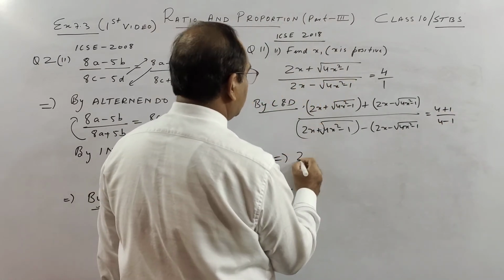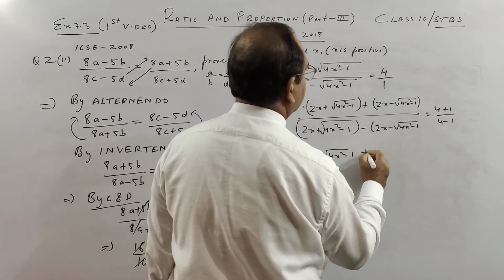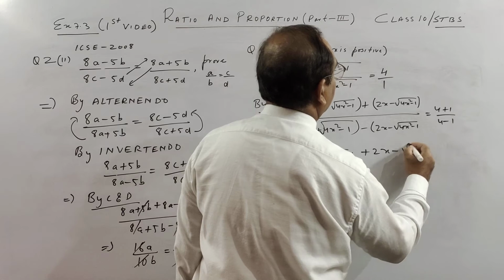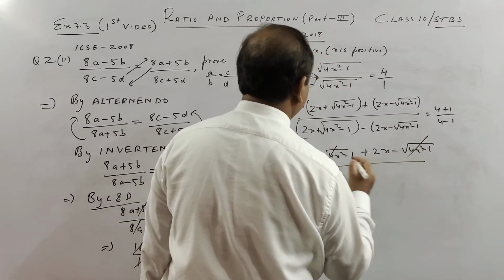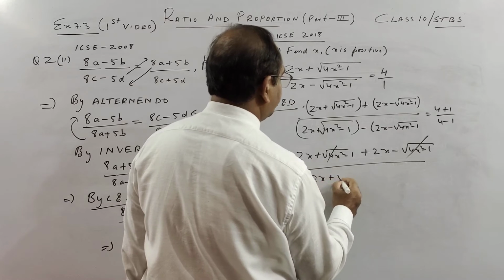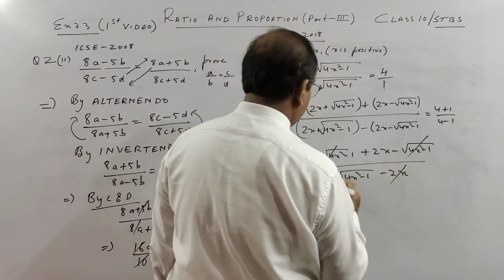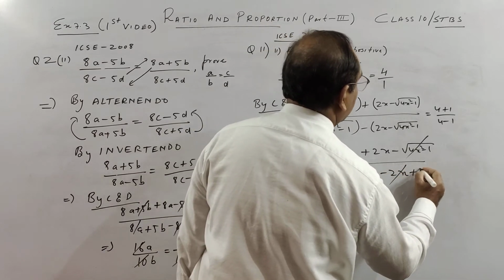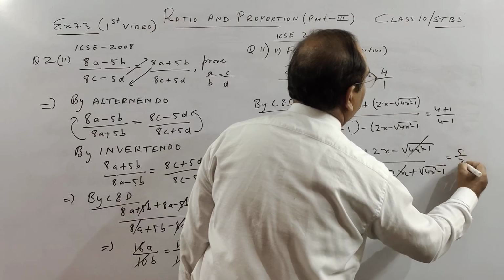So on this side, if you see, children, this cancels, and here this becomes minus 2x, this cancels, and this becomes root over, and here we get 5 by 3.